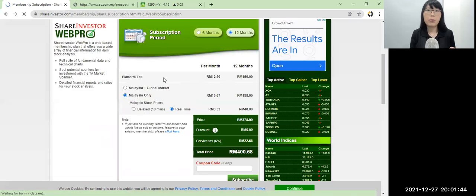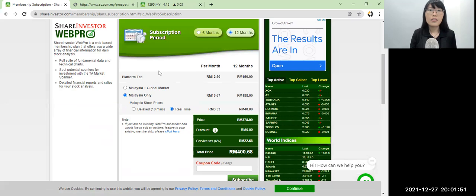So this is the pricing for ShareInvestor WebPro. I don't know how much you pay for your software. There are a lot of software in the market, and most of them are more than 1,000 ringgit per year. I find that ShareInvestor WebPro is really worth the money, because some of the other software also cost 1,000 ringgit per year, really expensive.